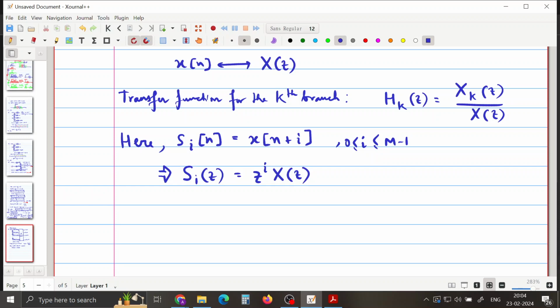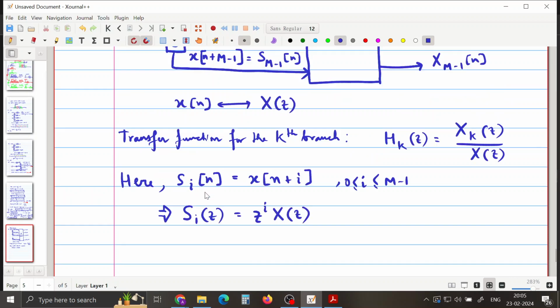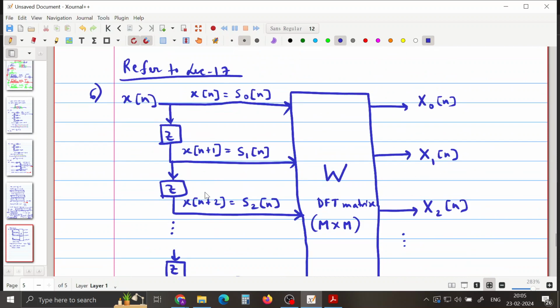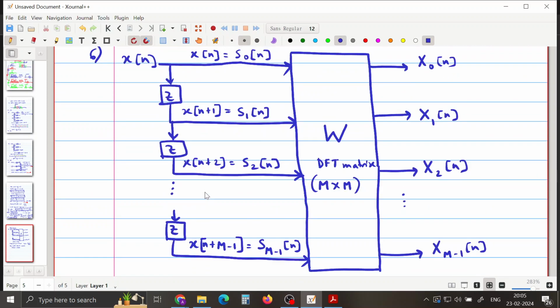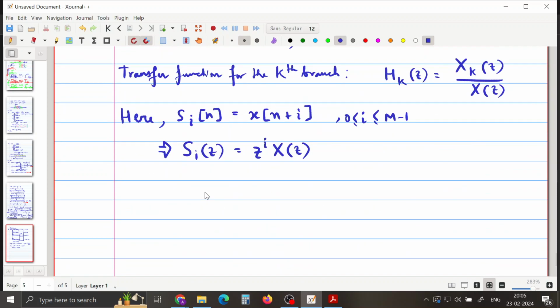And now what's happening is that these Si's are fed to the DFT matrix. So the DFT is computed and we get the output vector, right?